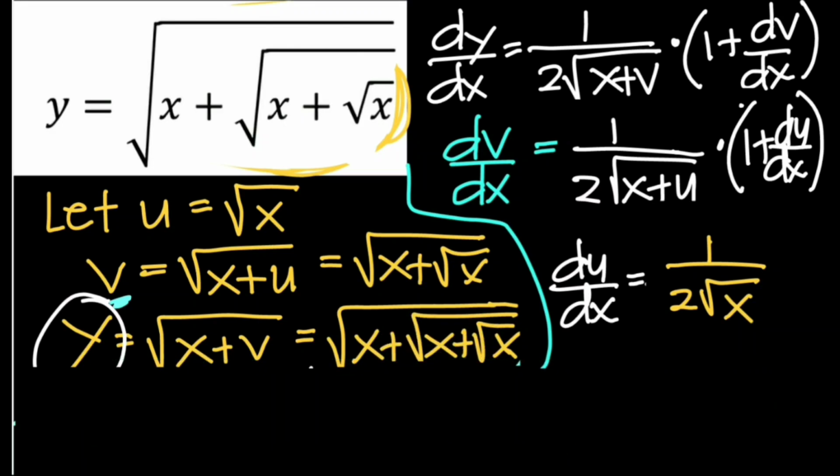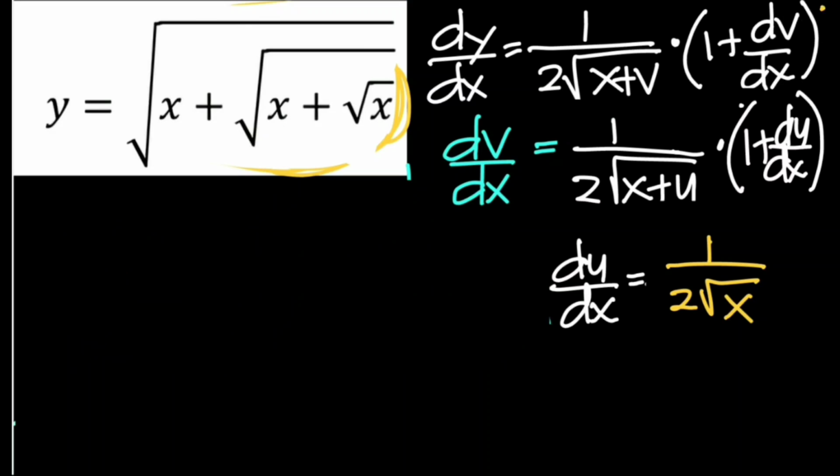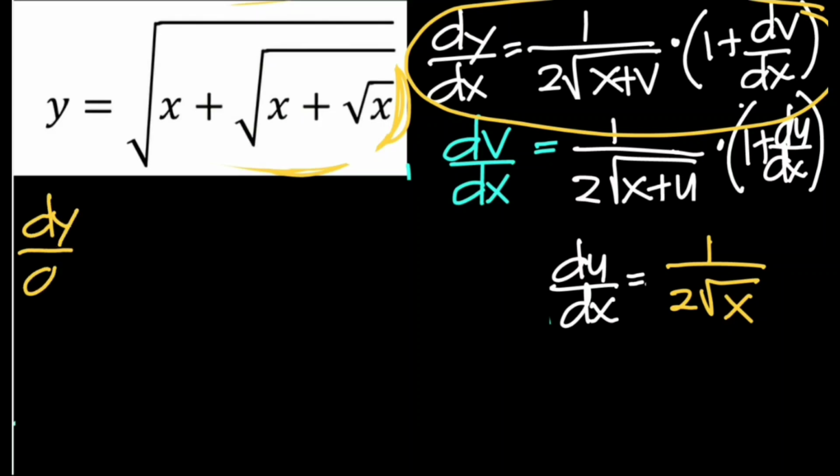We just have to plug back into the expression of dy over dx. Now dy over dx is this one, all right? So dy over dx is just equal to 1 over 2 square root of x plus v. Let's recall u, v, and y.